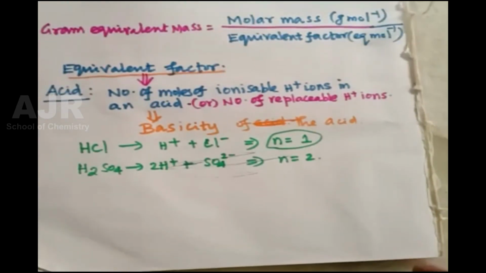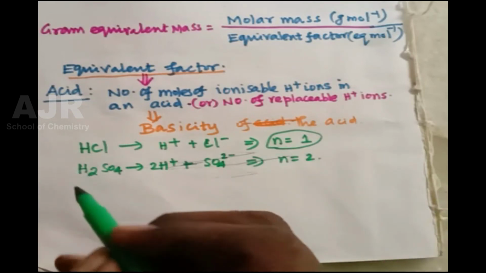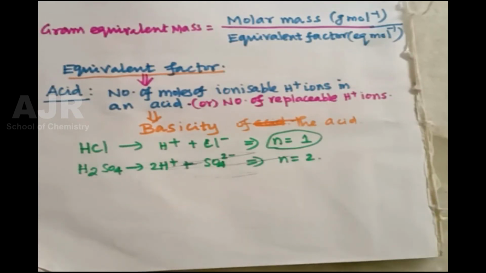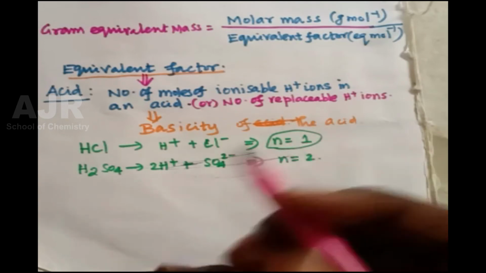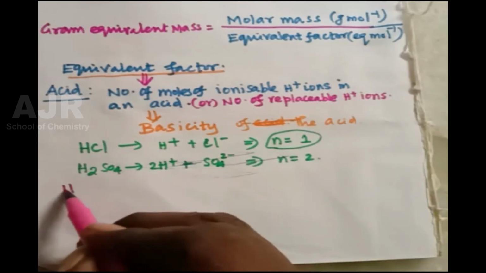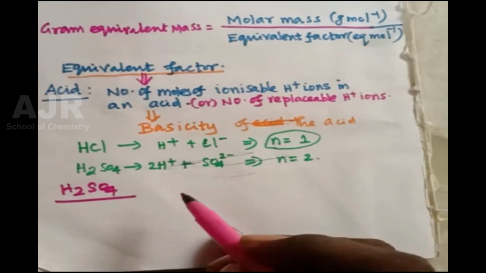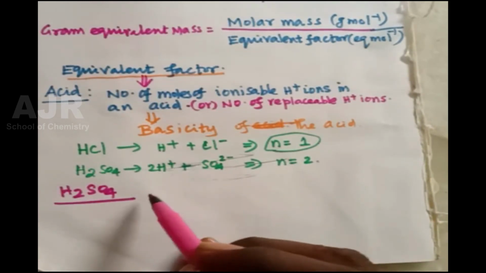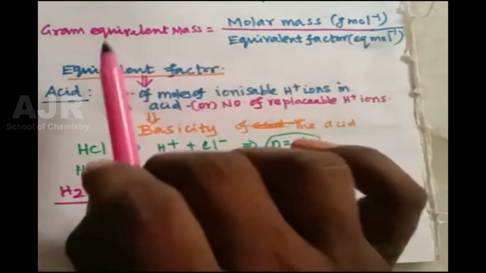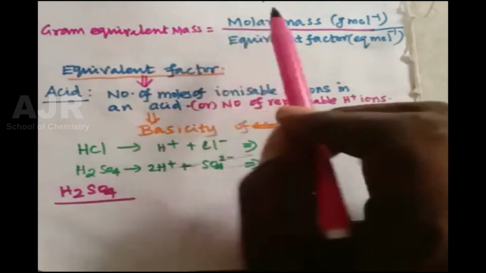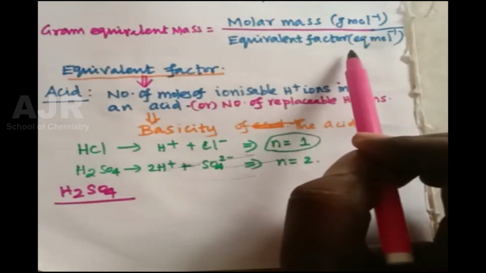In this way you can easily calculate. Now let me explain how we calculate gram equivalent mass for sulfuric acid. The formula is gram equivalent mass is equal to molar mass divided by equivalent factor.